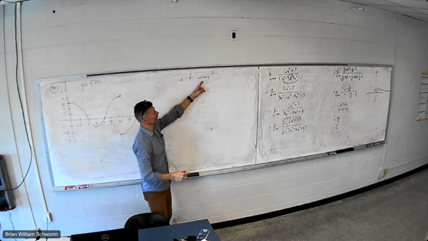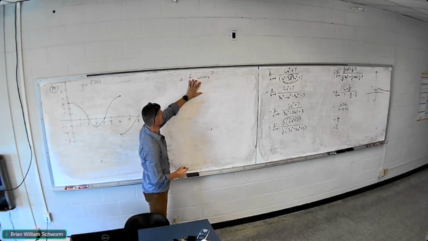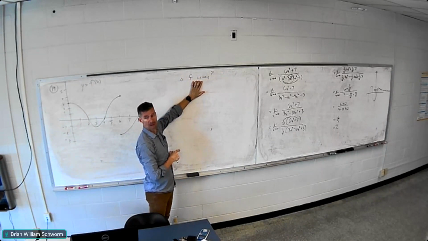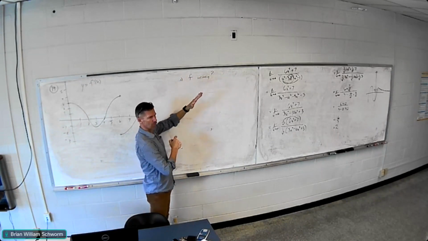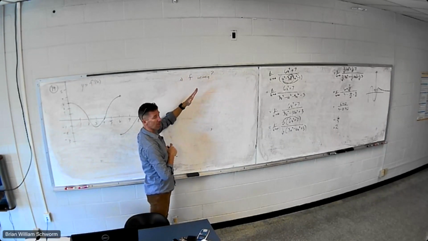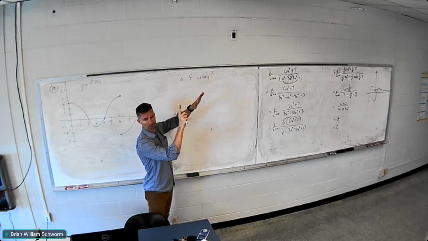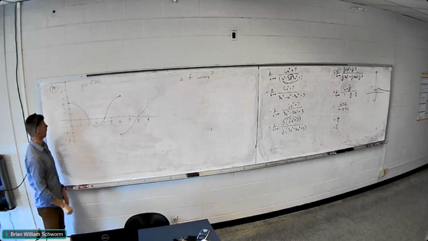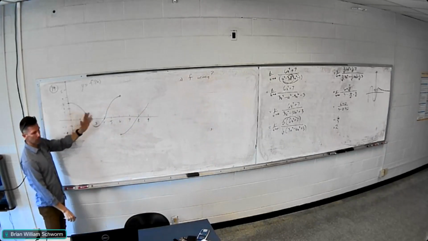For a function to be increasing, that means it's going up. But in terms of derivative, what that means is the derivative is positive. The slope of the tangent is positive. That means the graph's going up. So we want to figure out where this is positive. Not where this is increasing, but where it's positive.